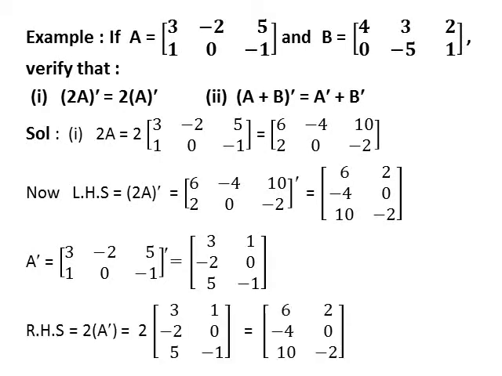Now, multiply transpose of matrix A with scalar 2. It means multiply each element of transpose of matrix A with 2, we get a matrix of order 3 by 2 as shown. Students, you can observe that transpose of matrix 2A equals to 2 into transpose of matrix A. So second property is verified here.